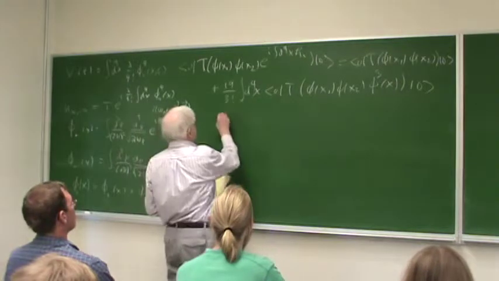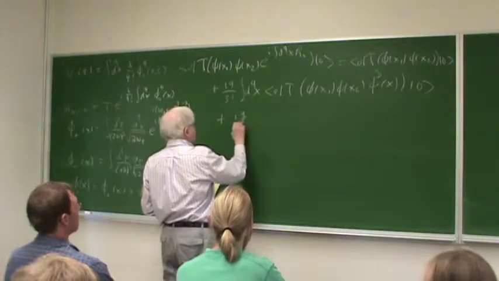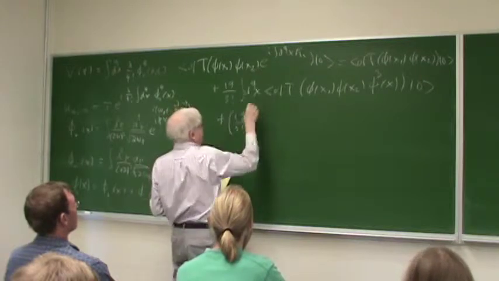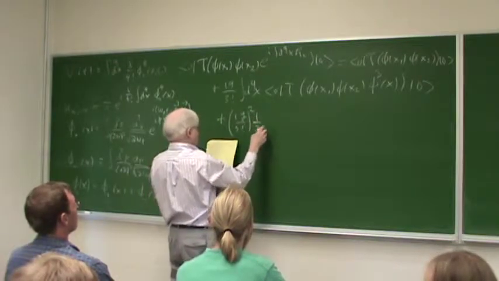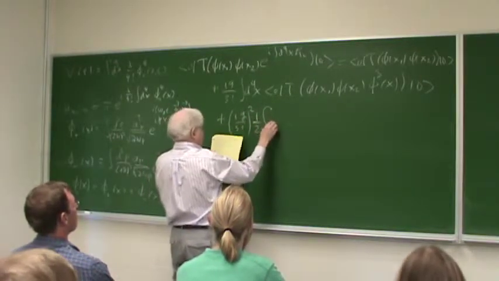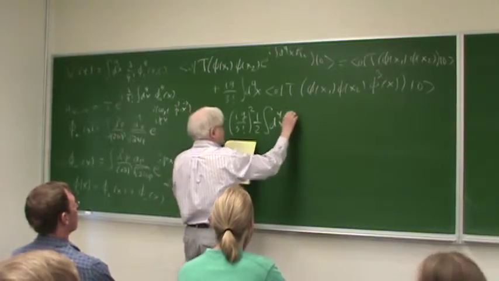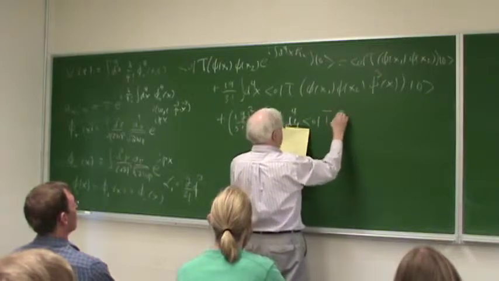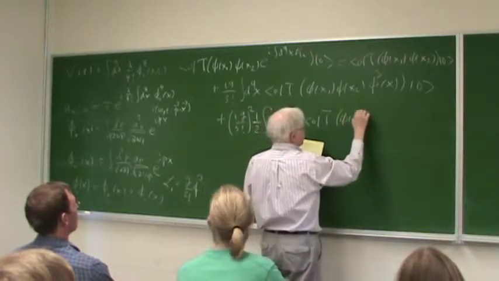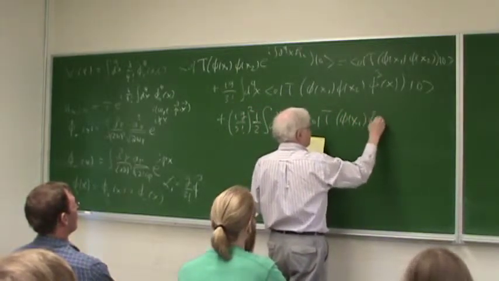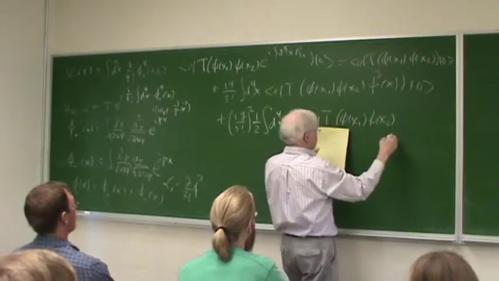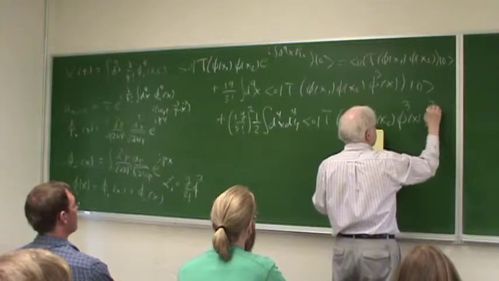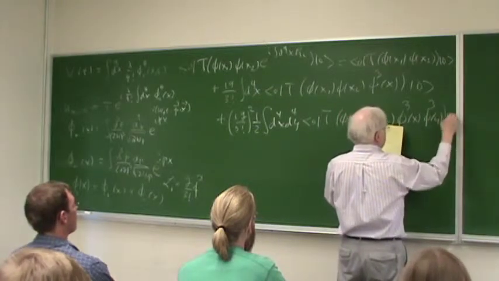Okay, the next term is ig over 3 factorial squared. This has a 1/2 from the sum of the exponential, and we get d4x, d4y, the vacuum expectation of the time-ordered product of the free field at x1, free field at x2, cube of the free field at x, cube of the free field at y, 0.